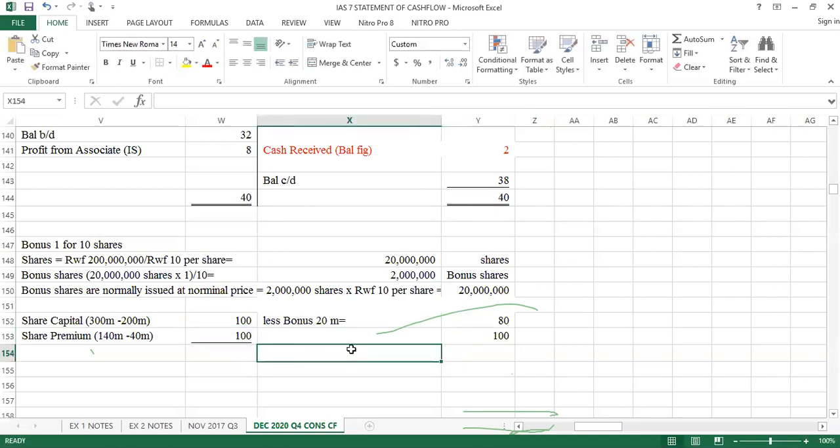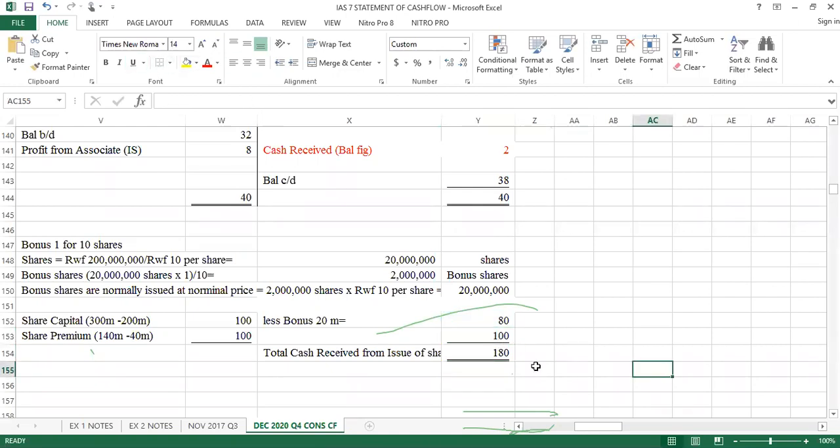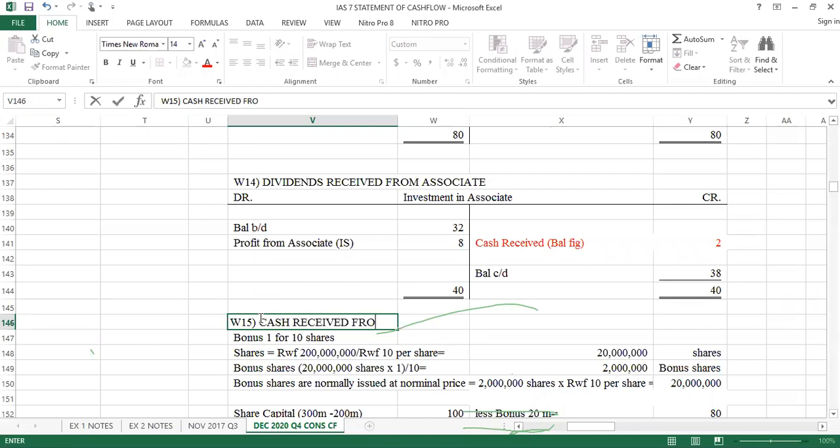So total cash received from issue of shares is equal to 80 plus 100. That gives you 180. It's good you have asked. Because you have asked, let me add that as working 15, cash received from issue of shares.